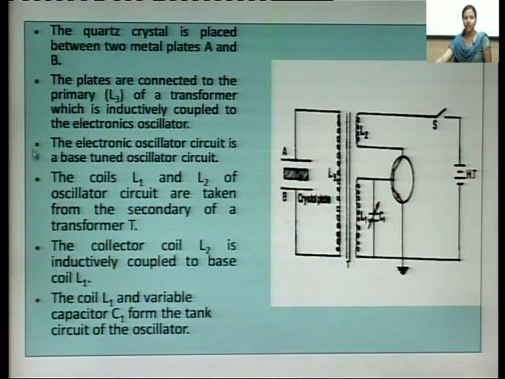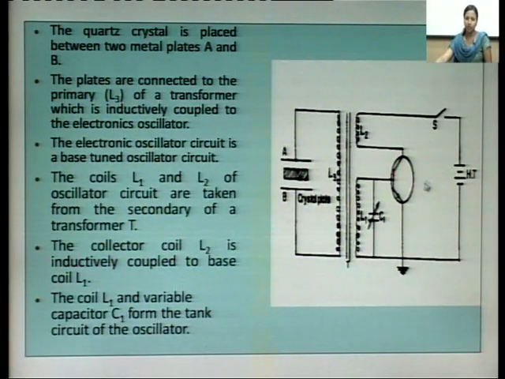The plates are connected to the primary loop L3 of the transformer, which is inductively coupled to the electronic oscillator. This is the electronic oscillator. The electronic oscillator circuit is a base tuned oscillator circuit. Before, that was collector tuned, but this is base tuned.